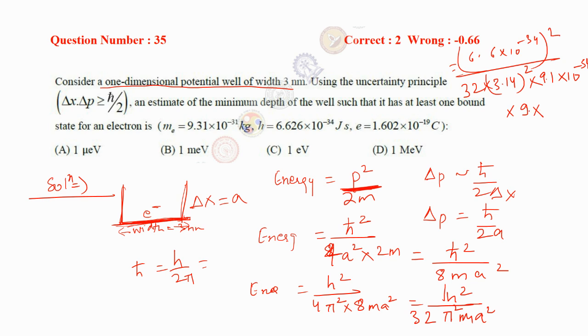So 1 nanometer is equal to 10 raised to the power minus 9 meter. So it is 9 into 2, how much? It is 18. So 9 into 10 raised to the power minus 18. Solve this, you will get the value in 1 MeV. So this is the answer.